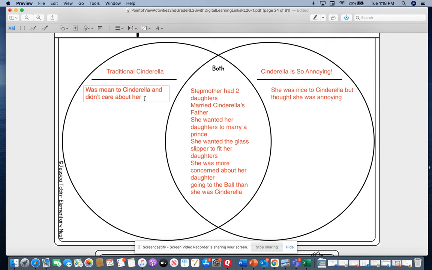Okay, in the traditional one, she made Cinderella work hard cooking and cleaning, but the stepsisters didn't have to work.